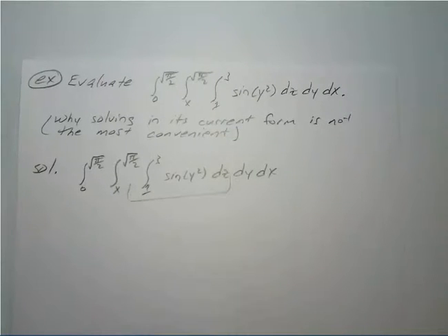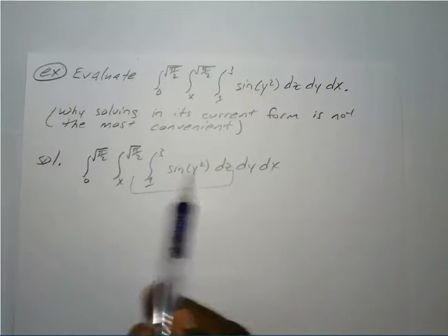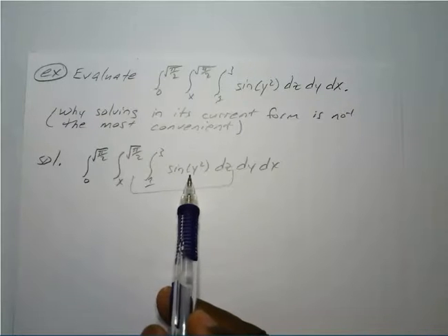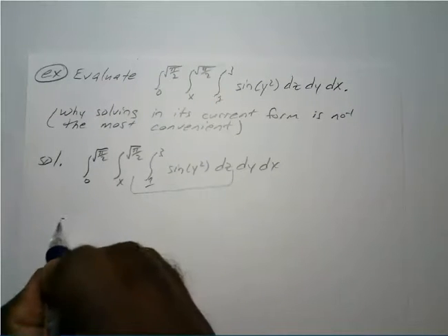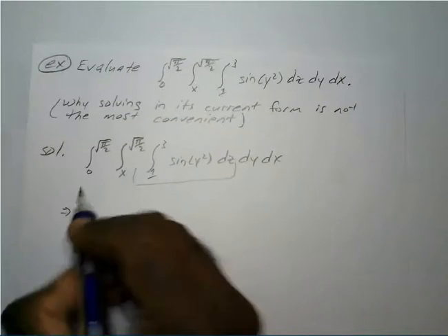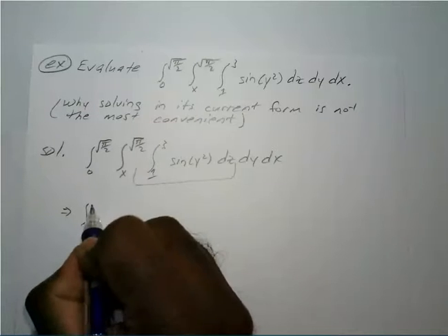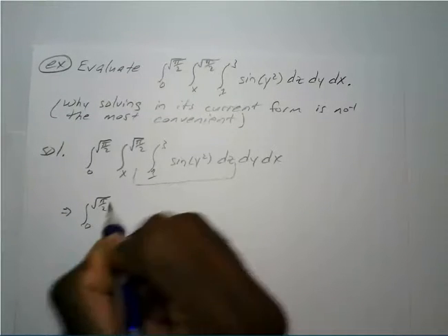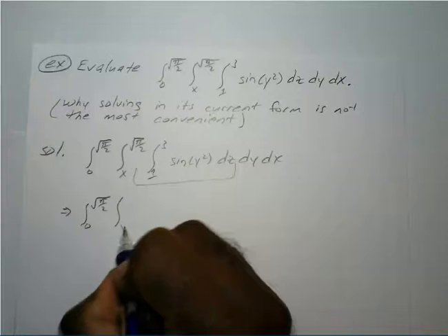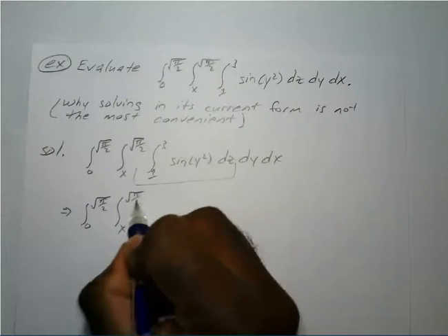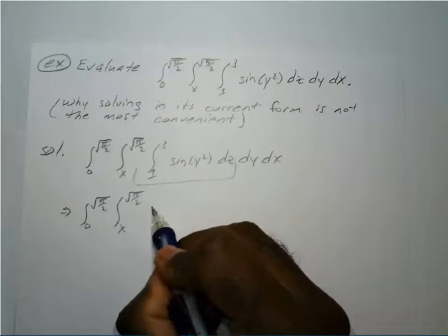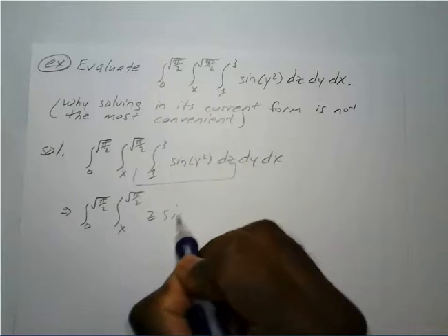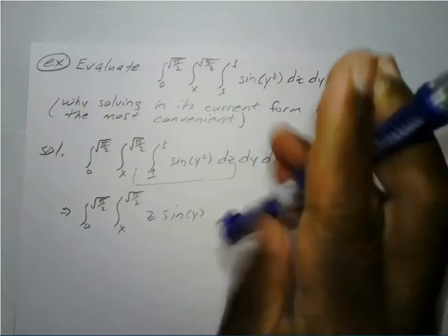Okay, so if we integrate with respect to z, this is treated as a constant. So we'll go ahead and make that z sine y squared, and go from 0 to square root pi over 2, and go from x to square root of pi over 2. And we can make that z sine of y squared.